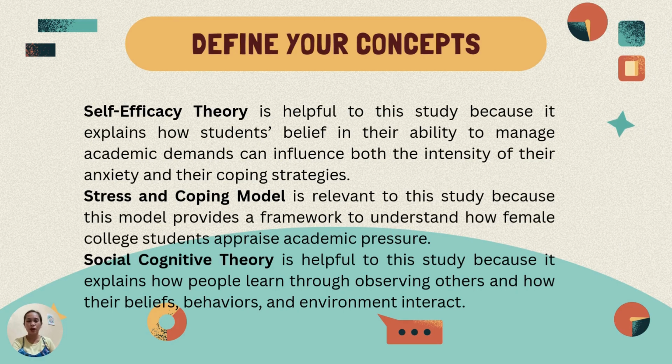Social cognitive theory is helpful to this study because it explains how people learn through observing others and how their beliefs, behaviors, and environment interact. So explain why you are using all of these things. You need to show how you made thoughtful and informed choices about why you include this in your study.